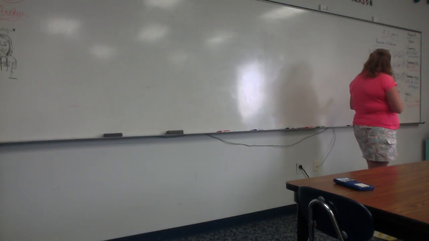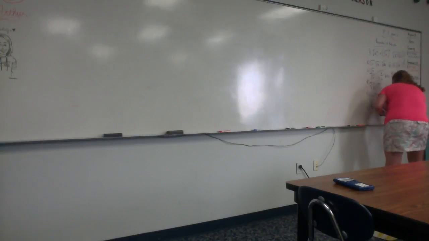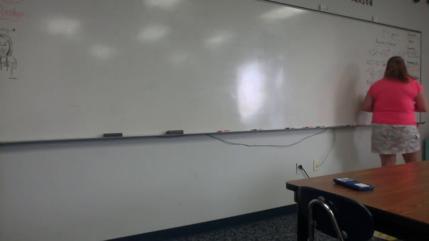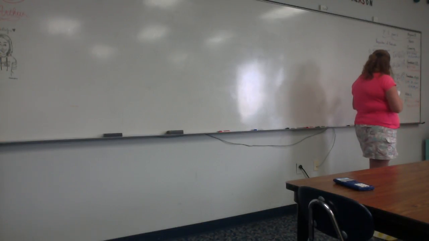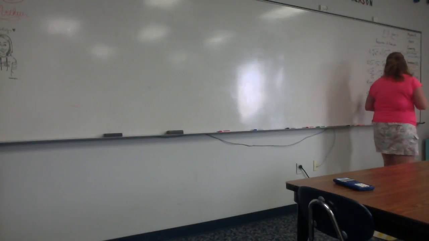So if I have the radical of negative 12 squared, I'm taking the absolute value of negative 12 to get my answer, because I always have to have a positive answer when it's even.